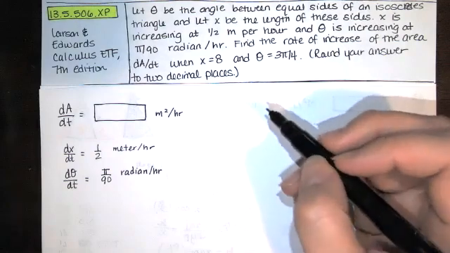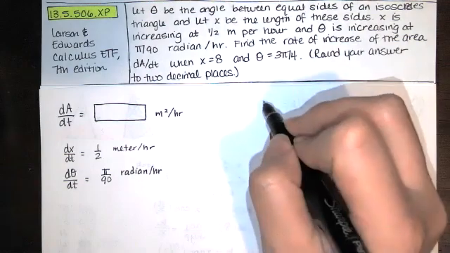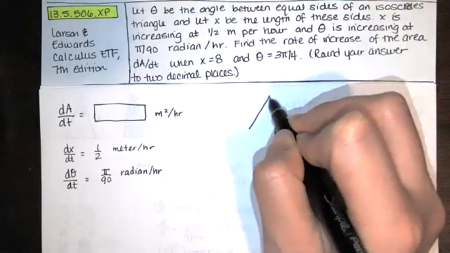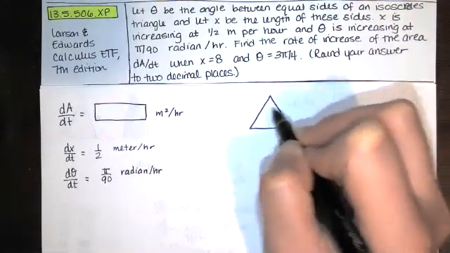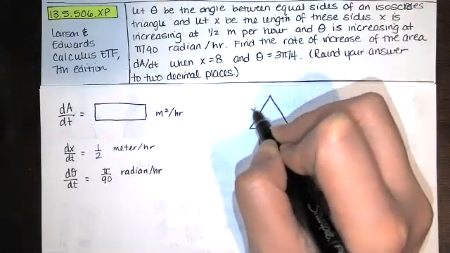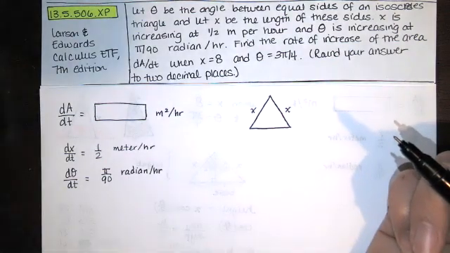So remember how this works. If you have an isosceles triangle, that means 2 of the sides are the same length. And because of what we know about triangles, if this side has length x and this side has length x, this angle and this angle would have to be the same measure as well.